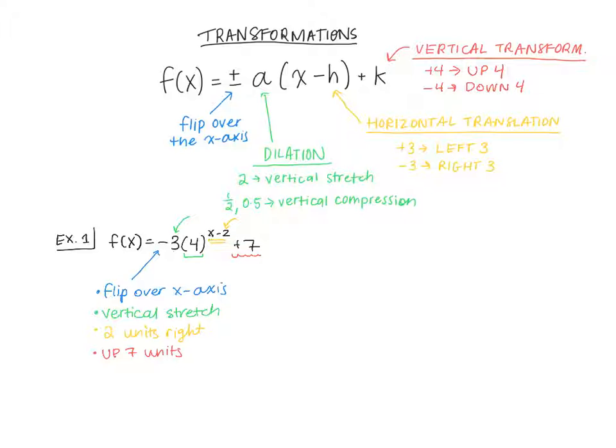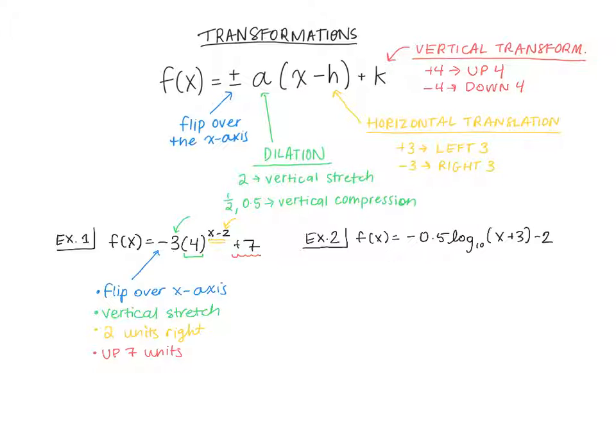All right, my next one, let's take a moment to think about our logarithmic function. So we've got f of x equals -0.5 log base 10 of x plus 3 minus 2.